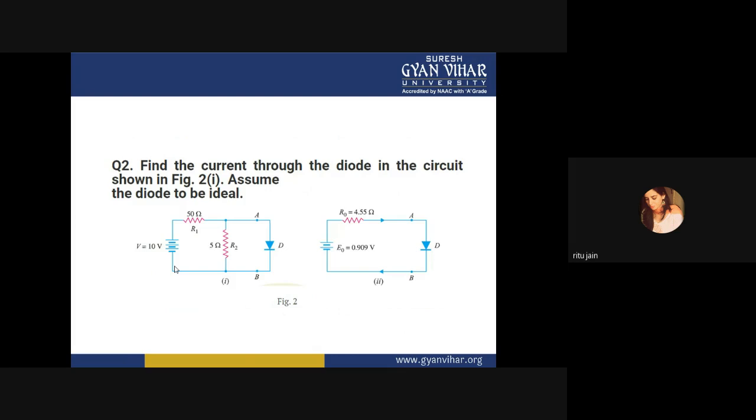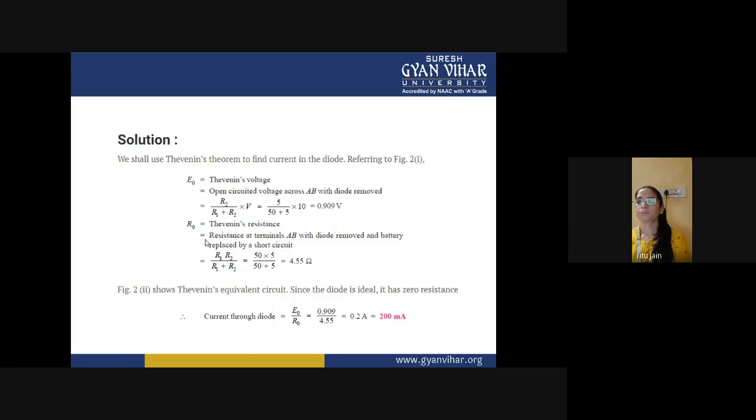Now, when you short this voltage source and you open this branch, what is happening? These two resistances come in parallel. So the total resistance will be the parallel combination of these resistances, R1 and R2.